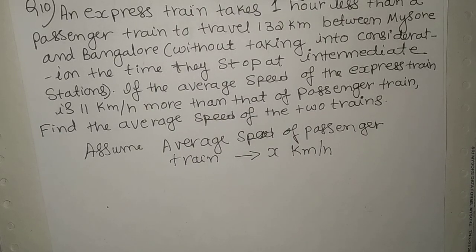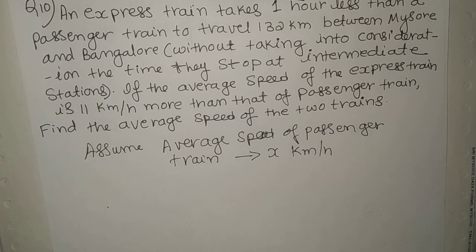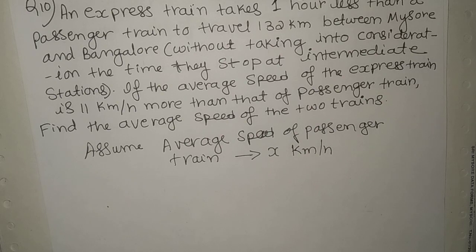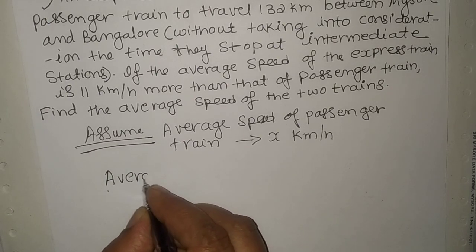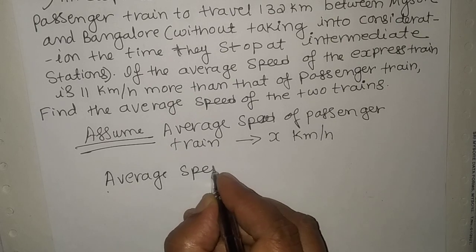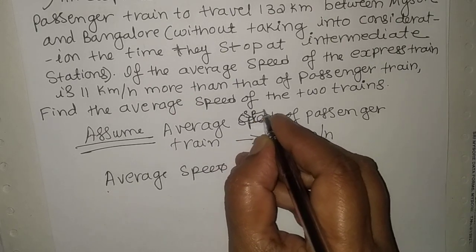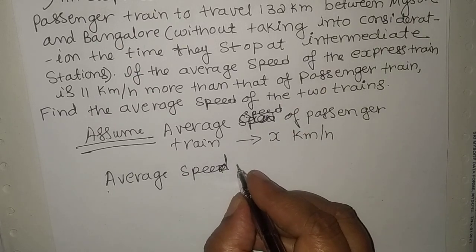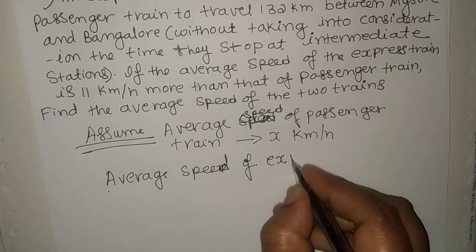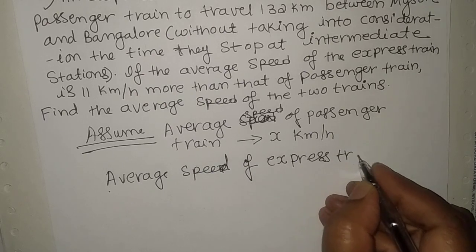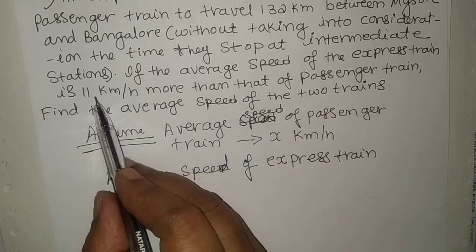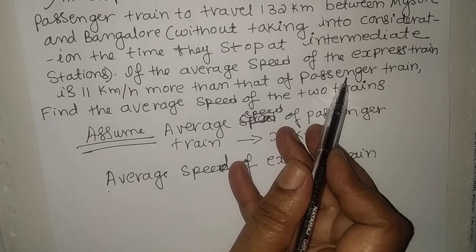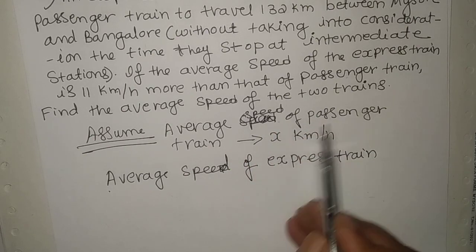So the next step is the average speed of the express train. It is given that the average speed of the express train is 11 kilometers per hour more than that of the passenger train, and we have taken the average speed of the passenger train as x.